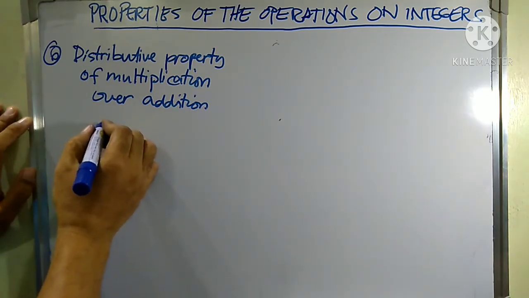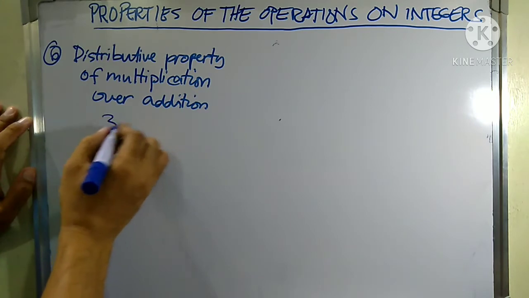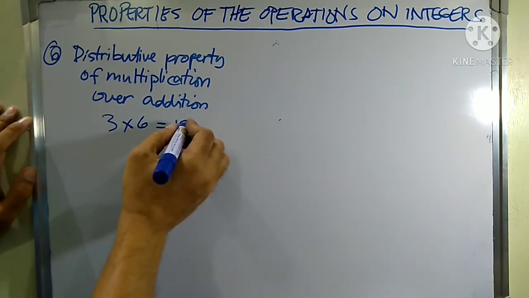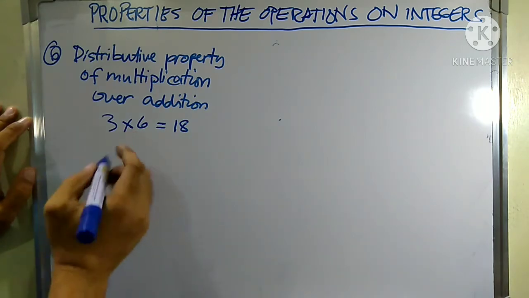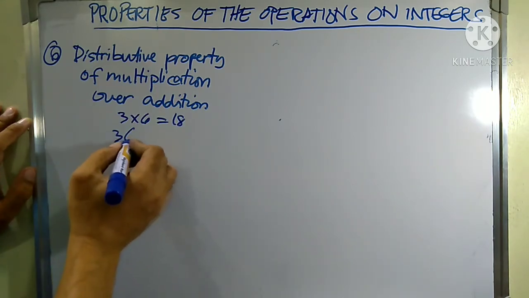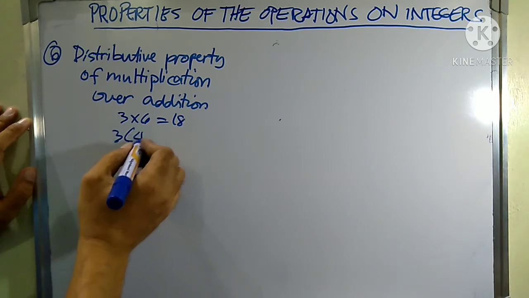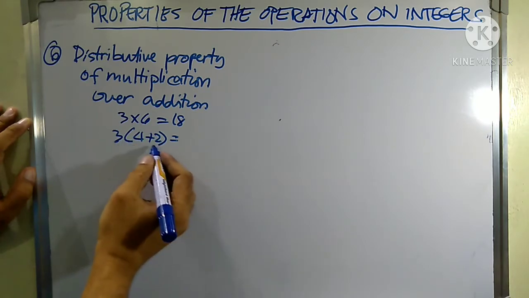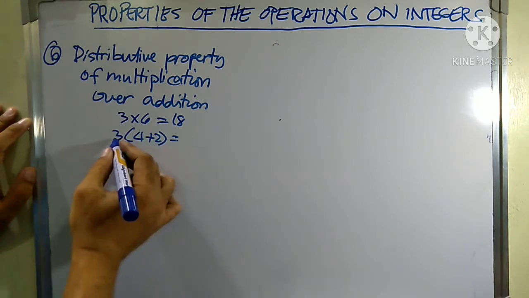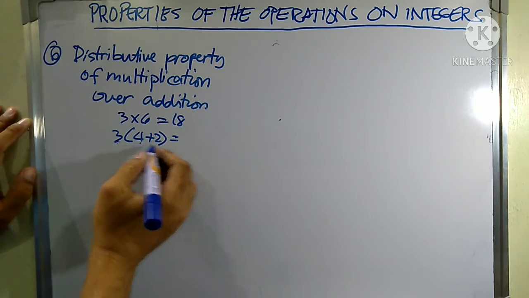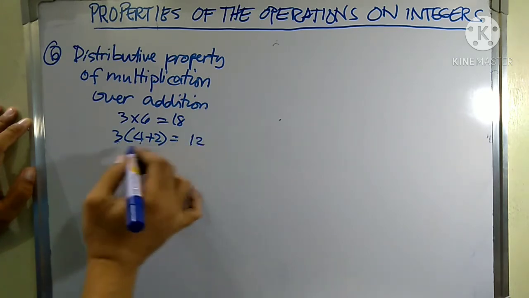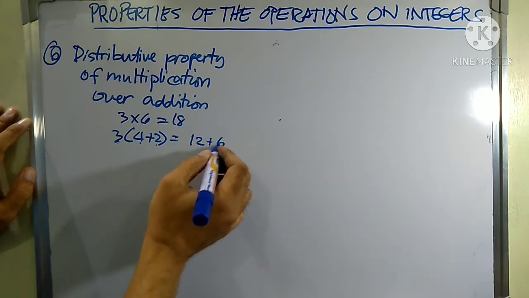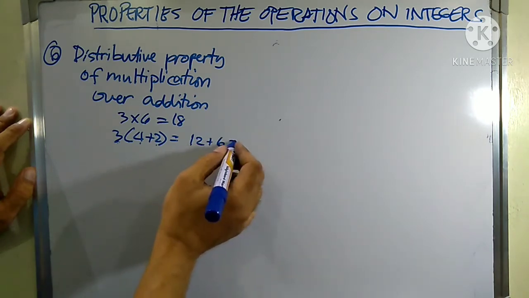Example, we have 3 times 6, that is 18. Let us split 6. Say 3 times (4 plus 2). And let us see if our answer here is still the same. Let us have 3 times 4, it is 12. 3 times 2, it is 6. 12 plus 6 equals 18.